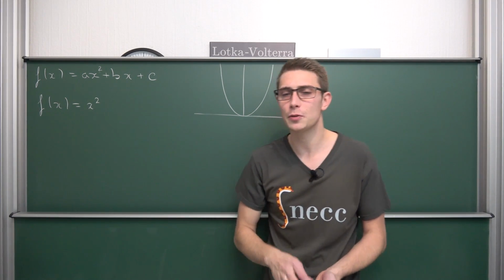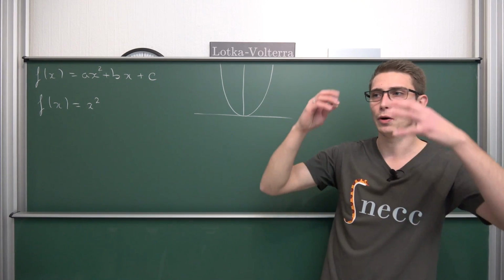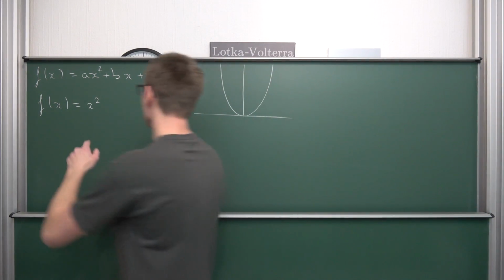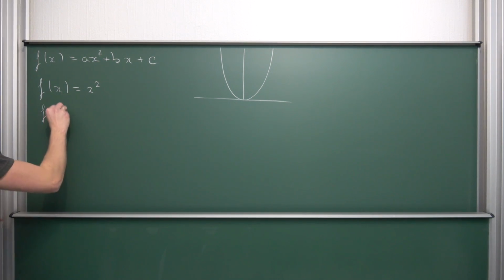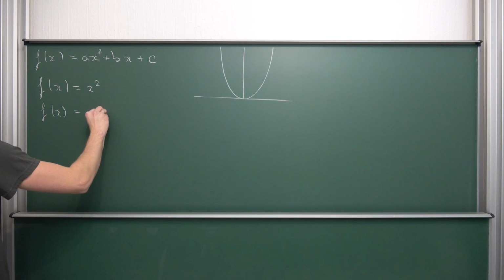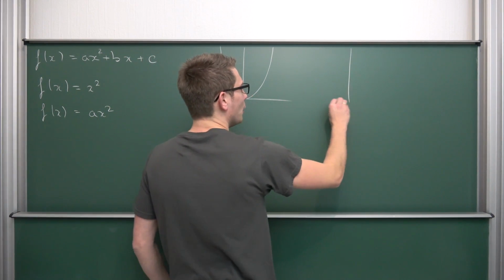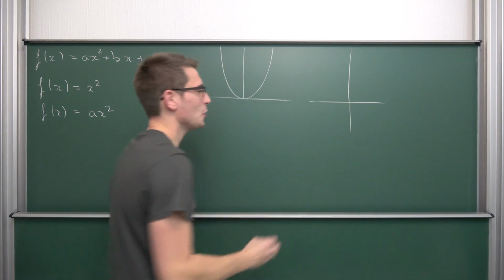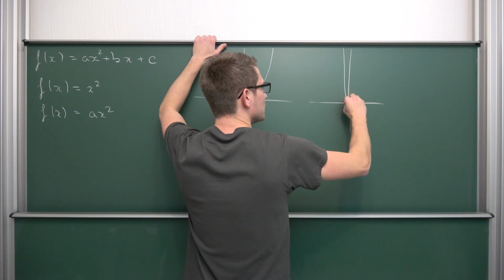We're going to experiment a bit around, using decimals and stuff like this. And then we are going to expand our horizon a tiny little bit. We are going to put a coefficient in front of our x squared, and we are going to say, okay, the next class of functions we are going to look at is f of x being equal to a times x squared. And then we are going to notice something really curious. Our normal parabola is going to turn into something weird. Namely, we can have parabolas of this kind.